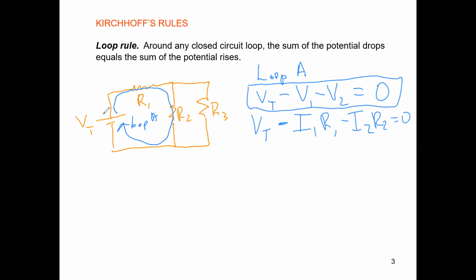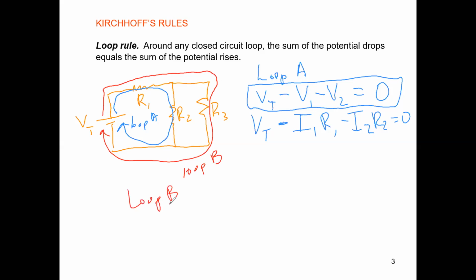All right, let's make another loop. We'll start out again at the battery and work our way through resistor 1, and then through resistor 3, and then back to the battery. We can call this loop B. For loop B, I start out at the battery, I go through resistor 1, and this time I'm going through resistor 3 as I work my way around the loop.